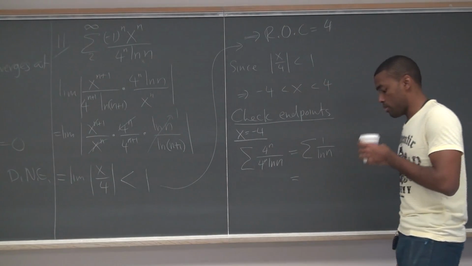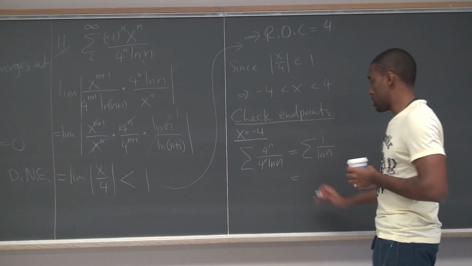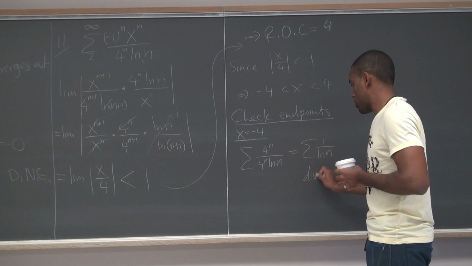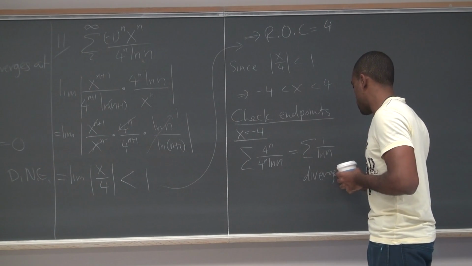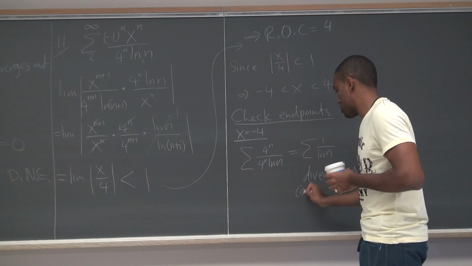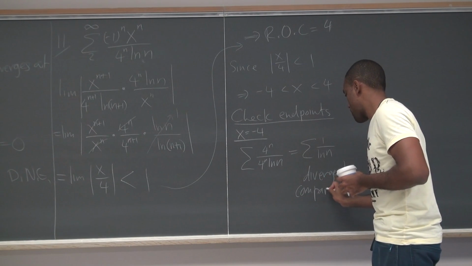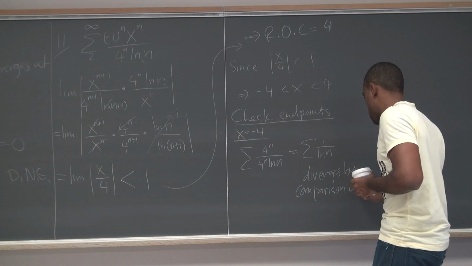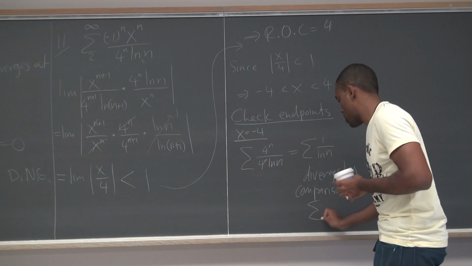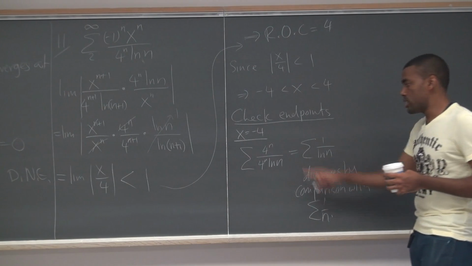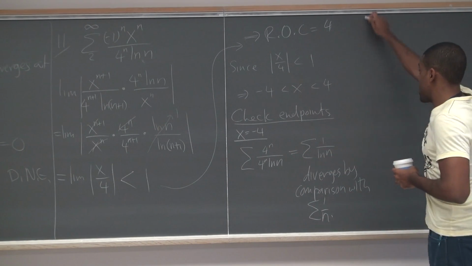What happens to that, guys? Diverges. How do we know it diverges? Diverges by comparison. 1 over n is less than this. We know that diverges because it's harmonic.